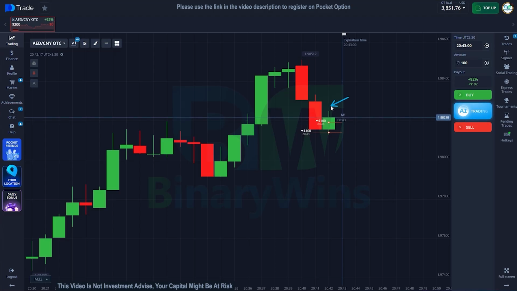Look, another power candle has formed for me, which was formed after a strong bearish engulfing pattern. So there is a possibility of a continuation of the downward movement and the formation of the next red candle.